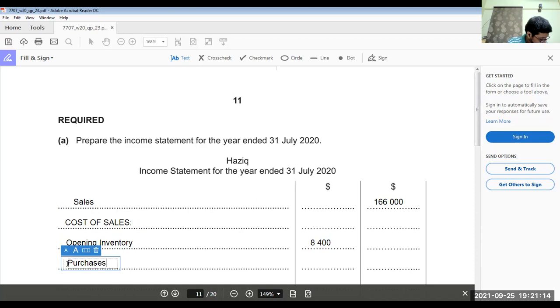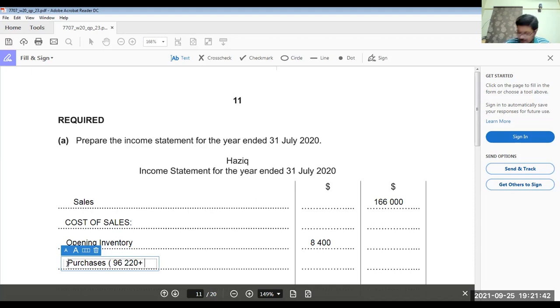Purchases. We have to calculate the total purchases. So how would we calculate total purchases? Total purchases would be calculated from payment to suppliers. Payment to suppliers is how much? 96,220, given in the cash book. Now add accounts payable or trade payable ending.